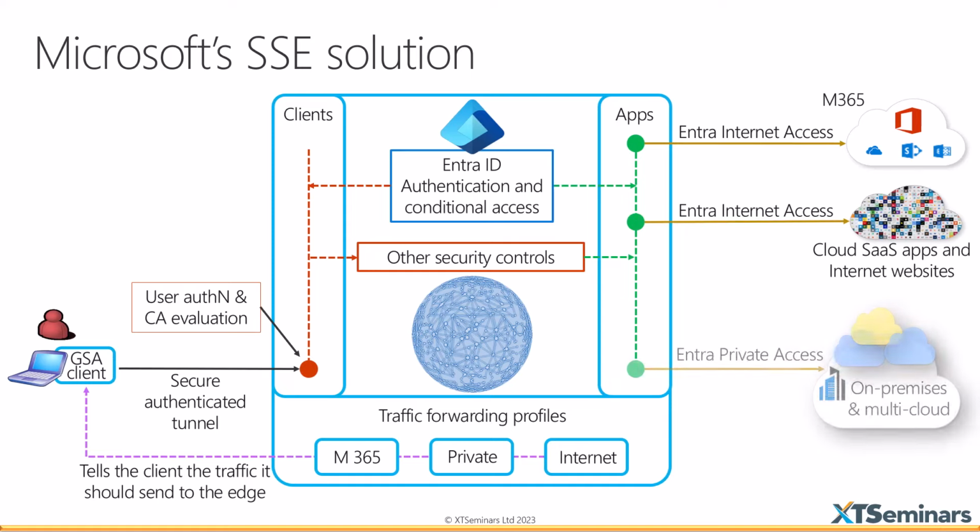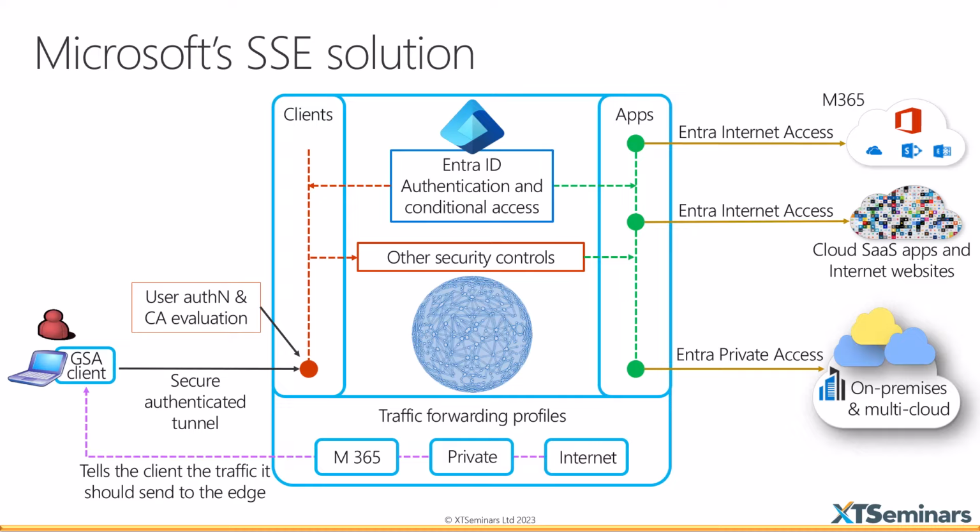And we've got connections to the Entra Private Access, which is all those great things that are private to us. They might be on-prem, they might be in one of many different clouds, so we can deal with multi-cloud environments. And remember, when we're going to the apps, we are going to be authenticating. We're also going to be running conditional access policies.